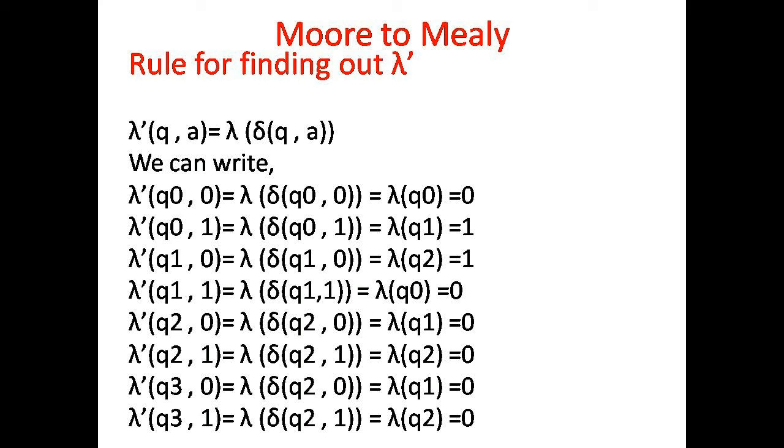We find the lambda dash machine function table using lambda dash of Q, A equal to lambda of del of Q, A. We find lambda dash of Q0 on 0 and 1 input symbols, Q1 on 0 and 1 input symbols, Q2 on 0 and 1 input symbols, and Q3 on 0 and 1 input symbols.